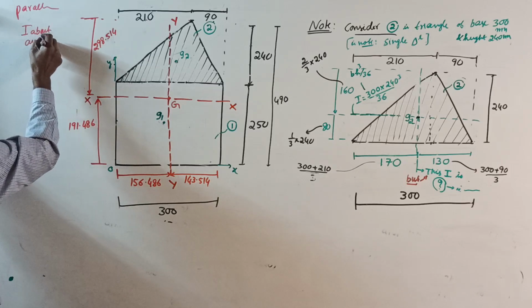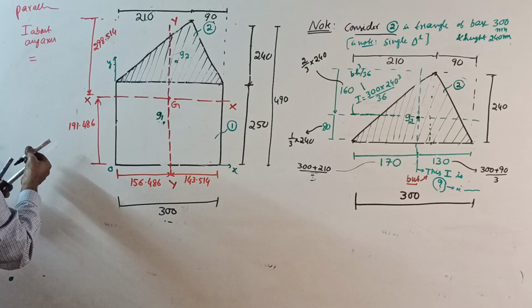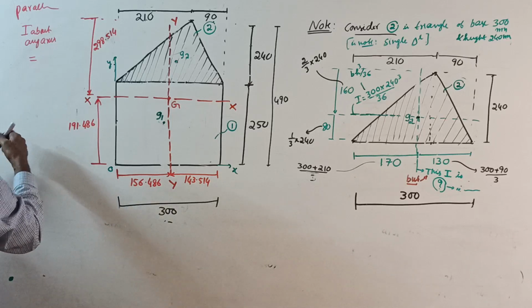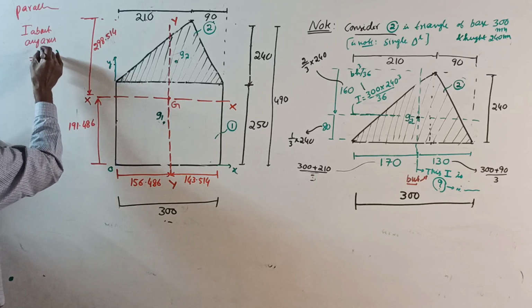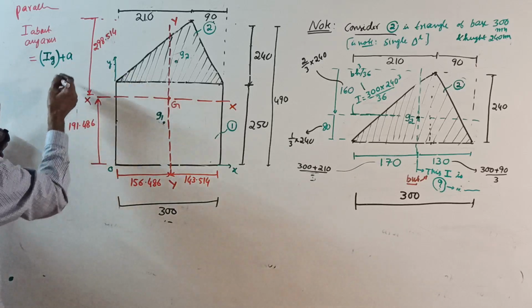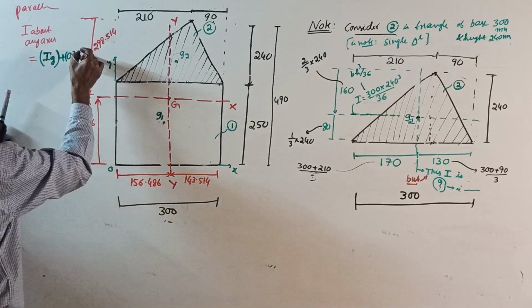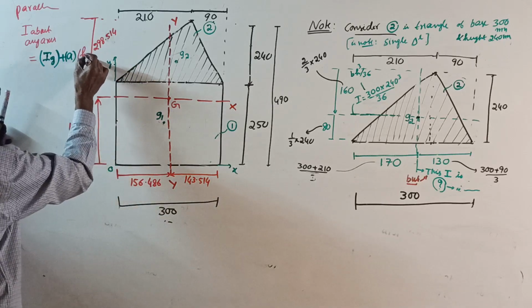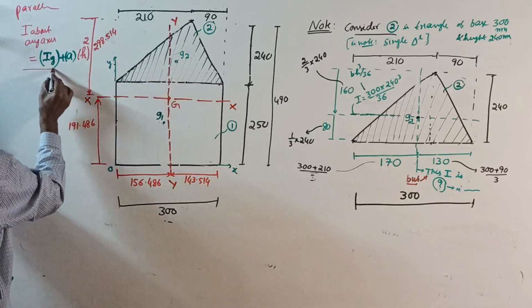any axis, this is very important, is equal to Ig plus A, area, into the most powerful term, H square. Neatly in this form.